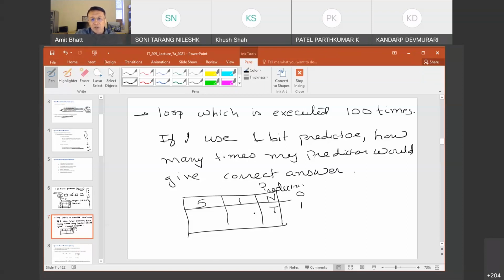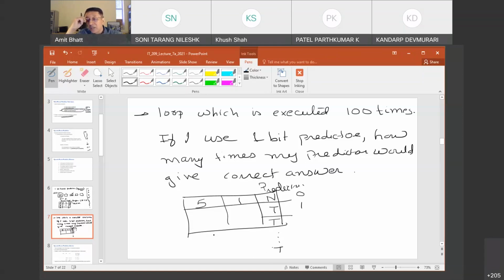The second time you come into the loop, you will be correct. The third time, because you are correct, you don't need to change your prediction. You keep it as taken. Then for the fourth time, up to the 99th time, it will be taken all the way, and the 100th time it would also be taken. For the 101st time, because the previous prediction was taken, you would take the branch and then figure out that you were wrong because the condition is not met.